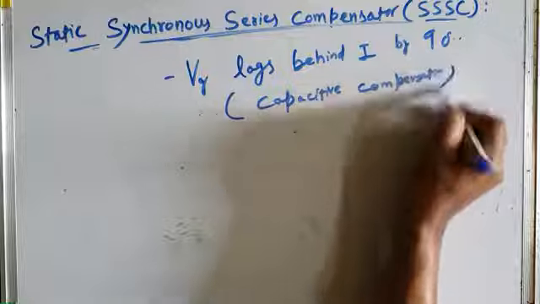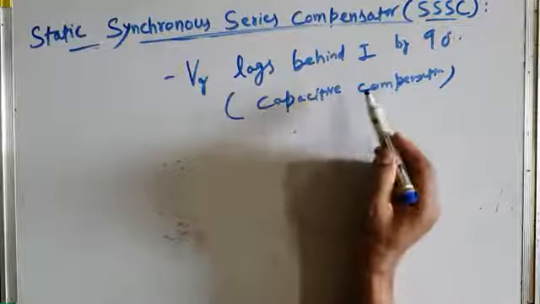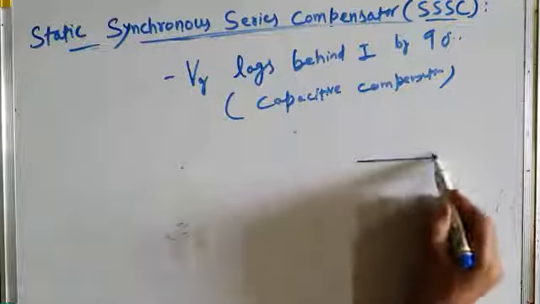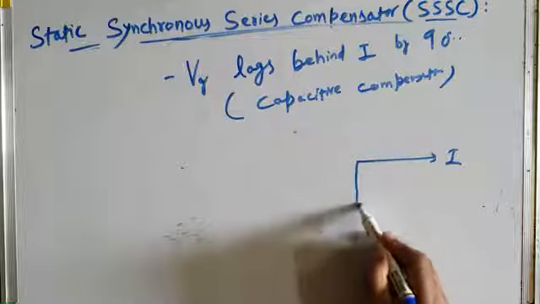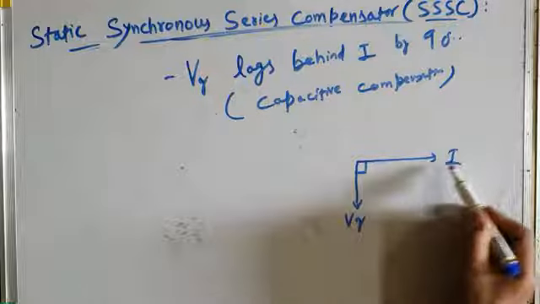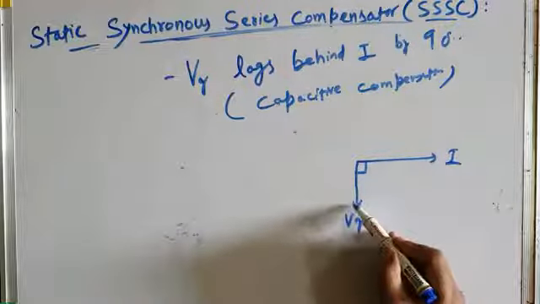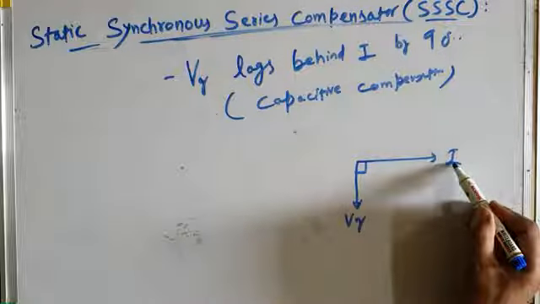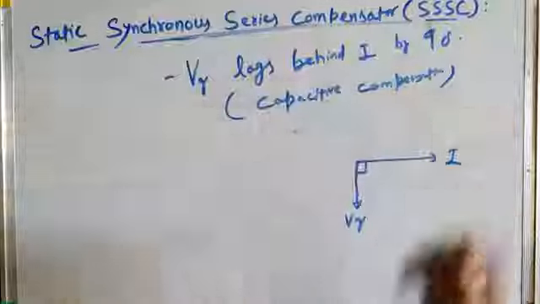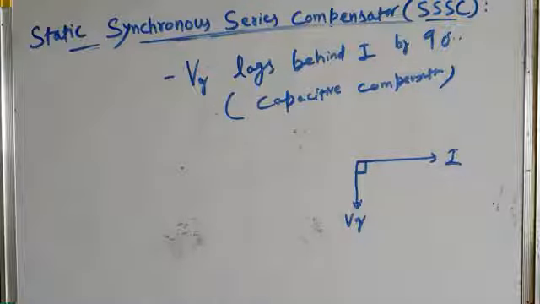Because in case of a capacitor, current leads the voltage by 90 degrees, or voltage lags current by 90 degrees. So if this is your transmission line current, and this is the voltage injected by SSSC, and this voltage lags behind the current by 90 degrees, or current leads the voltage by 90 degrees, this is similar to capacitive compensation.